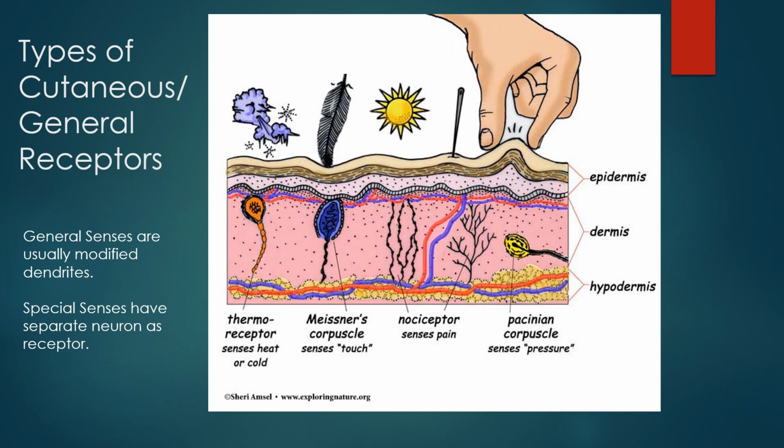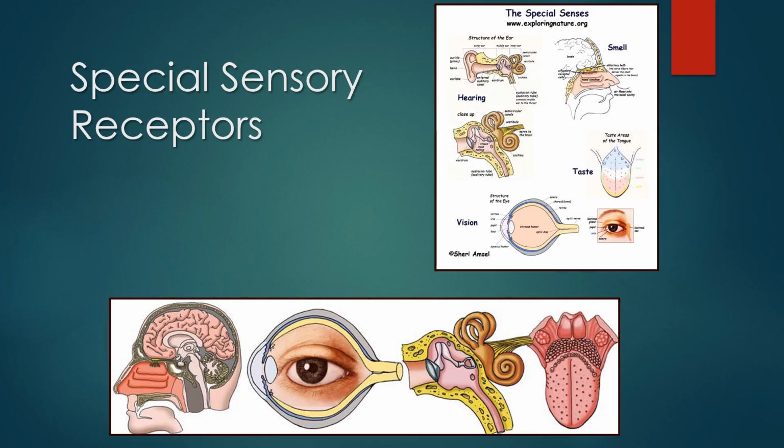The special senses, however, use a separate system, and the receptors in those senses are actually dedicated cells. So we'll talk a little more about that. This is an extra slide. This is not in your regular PowerPoint, but I'm including it not as testable material, but to help you better understand the difference between a somatic sensory receptor and a special sensory receptor.